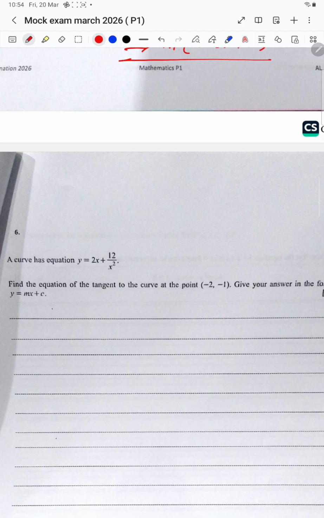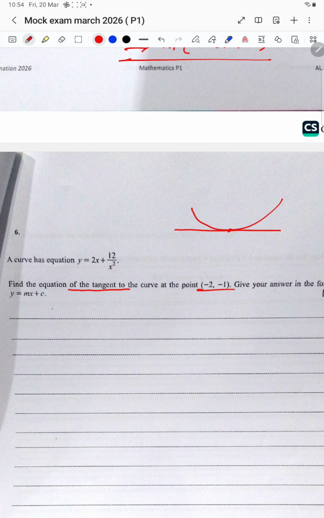Our curve has the equation y equals 2x plus 12 by x squared. Find the equation of the tangent to the curve. The tangent, you know, touches the curve at a single point.